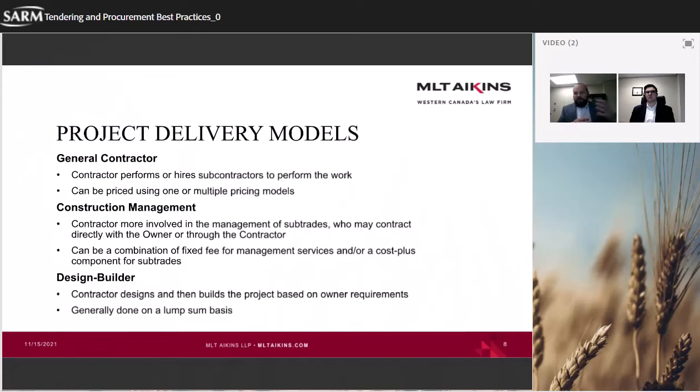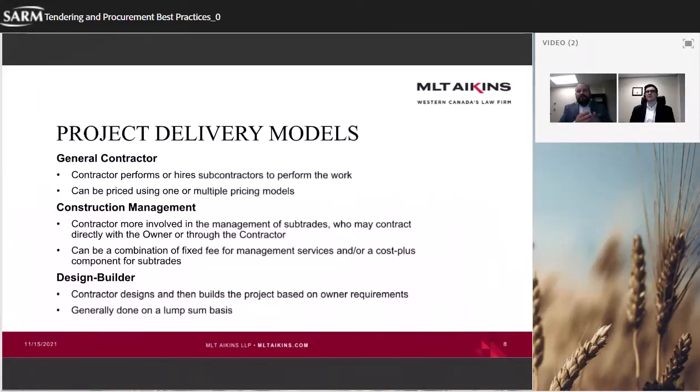Now, general contractors, we sometimes kind of use synonymous with lump sum contracting, but that's not always the case. We can use general contractors for lump sum. We can use general contractors for cost plus engagements, unit rate contracts. And I didn't mention on the last slide, but you can do a blend.